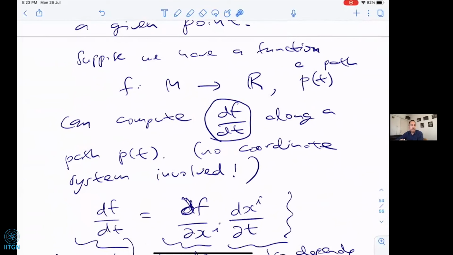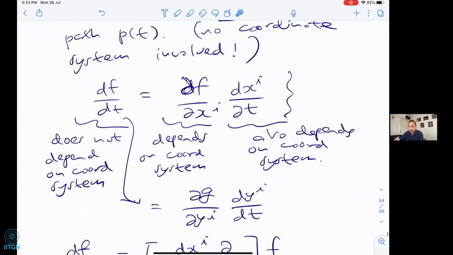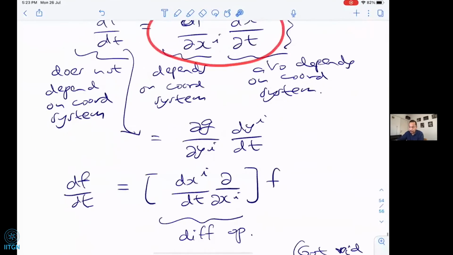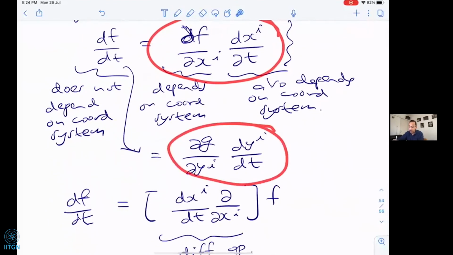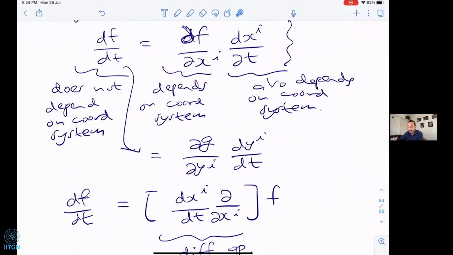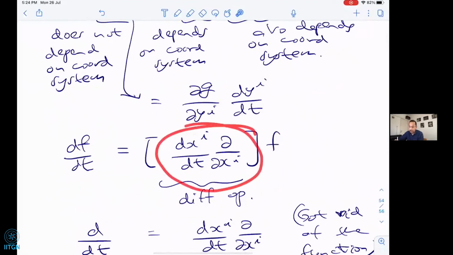That's coordinate independent, because df by dt, look at it, it doesn't have x or y anywhere in it. It's just df by dt. But because it can be written like this in one coordinate system and this in another coordinate system, now I can remove the function and say that this is the vector field. So I wouldn't say that tangents are more related than a gradient, yes.